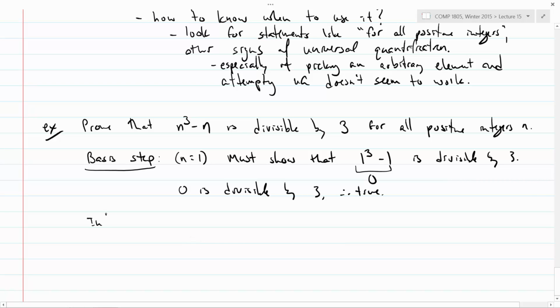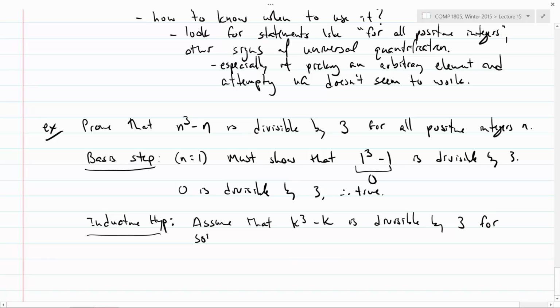Now I do the inductive hypothesis. I'm just going to abbreviate that. Inductive hypothesis: I assume that k cubed minus k is divisible by 3, for some positive integer k. I always get asked the question, why do you switch from n's to k's?